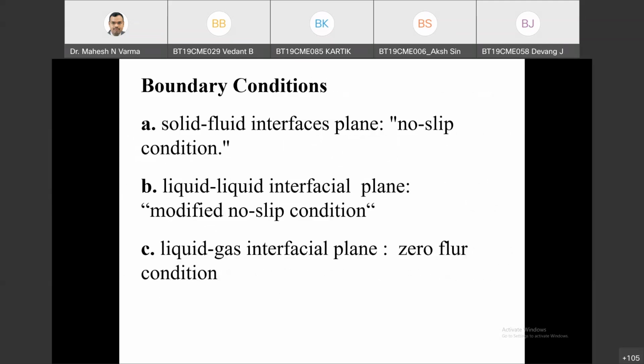There is one boundary condition available at the solid fluid interface plane: the no slip condition. What is that boundary condition?